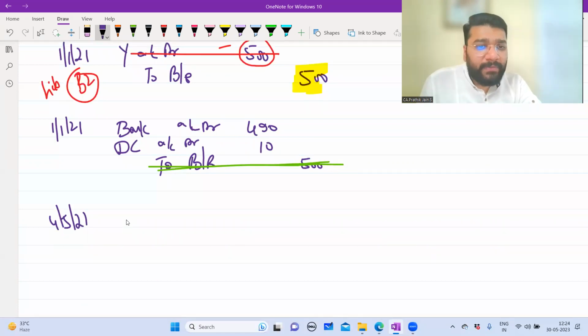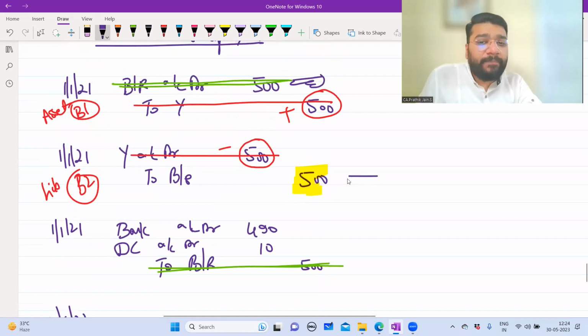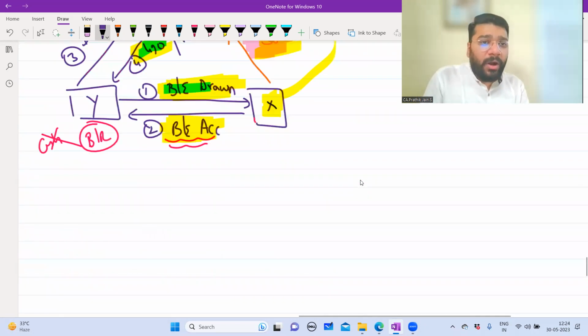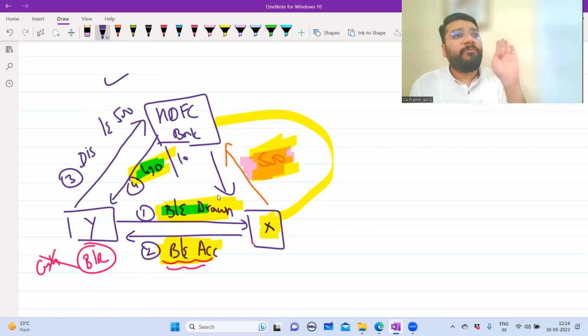Or just write bank also, nothing to worry. So we are making the payment to whom? Bank. So from my bank account, money is going out to the bank. How much? 500 rupees is going out. So can I say this is a payment against the bill? Guys, you are making the payment to the banker against what? Bills payable, because on the maturity date HDFC, the holder of the bill, will produce it to you and you have to make the payment.